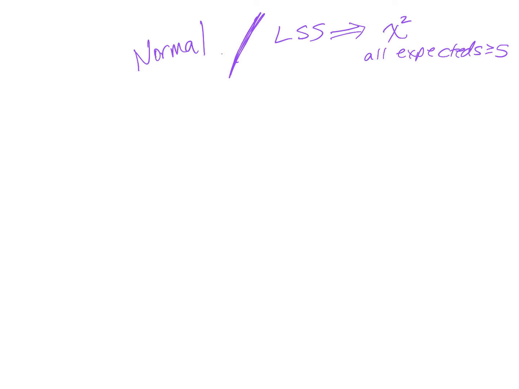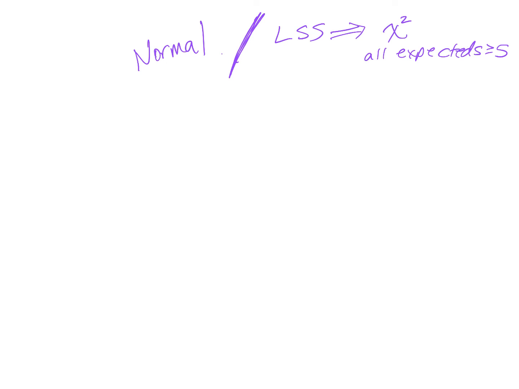I promise you the number one mistake kids make on that particular thing is they try to make all the observed counts greater than 5, not all the expected counts. Are we good with that? Both of these are essentially saying my sample size is large enough that we don't have too much chance variability in the sampling distribution.